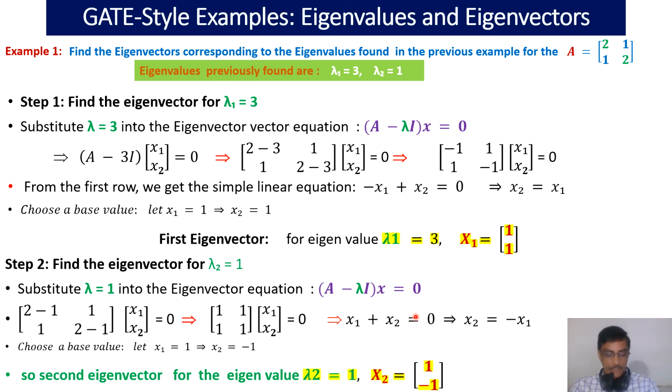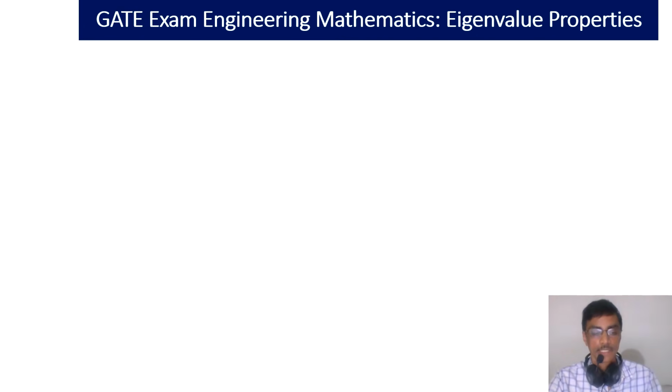So we have obtained both eigenvalues and their corresponding eigenvectors. In the next slide, let us see a useful GATE shortcut related to eigenvalues of the inverse matrix. Let us solve a simple GATE style question.